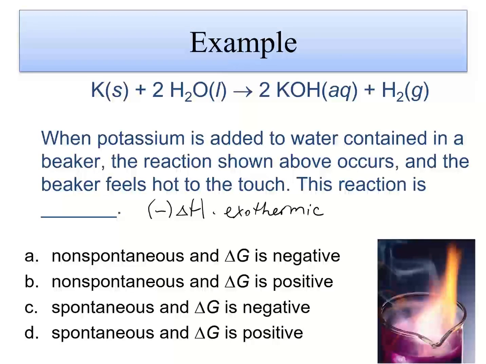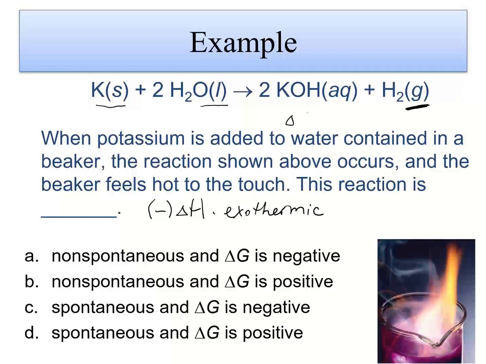Let's take a look at the molecular disorder. On the left of the reaction arrow, we have a solid potassium reactant with 2 moles of liquid water. On the right, we have a solution of potassium hydroxide and a gas, which means that molecular disorder increases because we actually form some gas here, right? And the molecules in the gas can move freely.